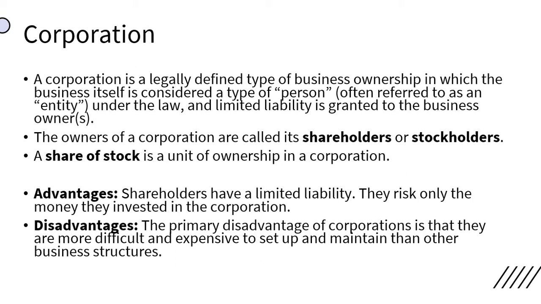Although a corporation may have only one owner, it must have more than one. The owners of the corporation are called the shareholders or the stockholders. Okay? Pakitandaan yun ha. The owners of the corporation are called the shareholders or the stockholders.